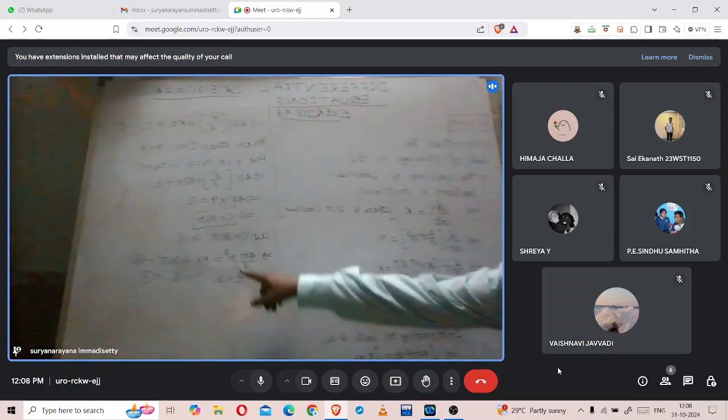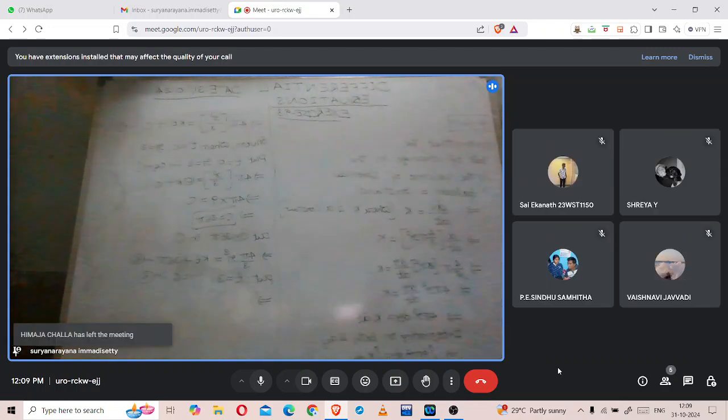Again substitute that k value in equation 2, then you get the required equation.